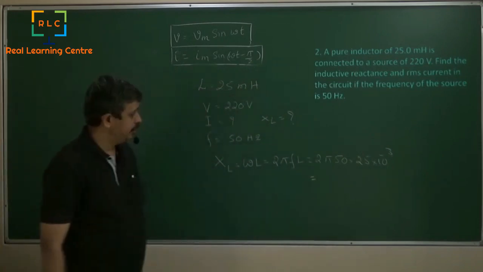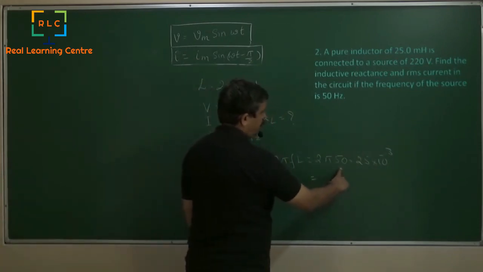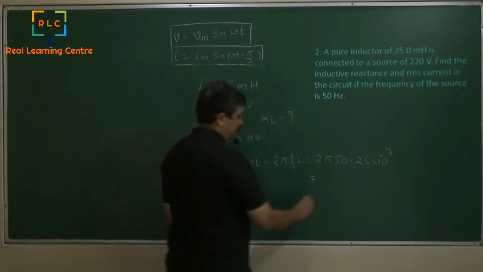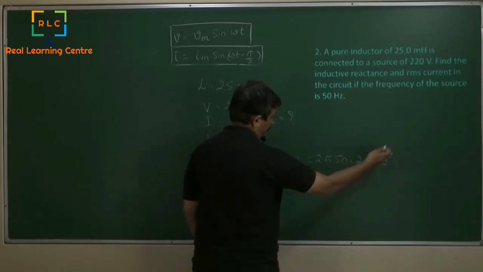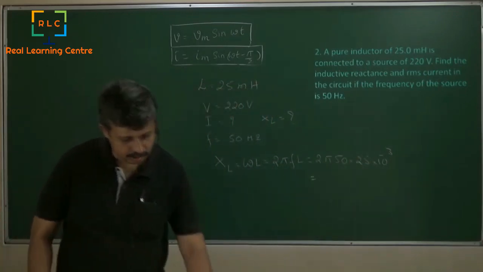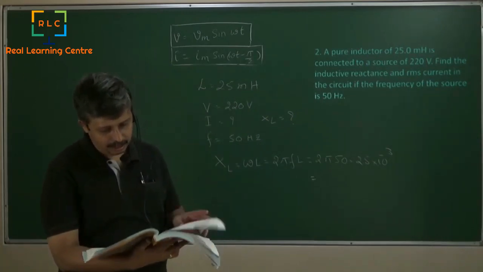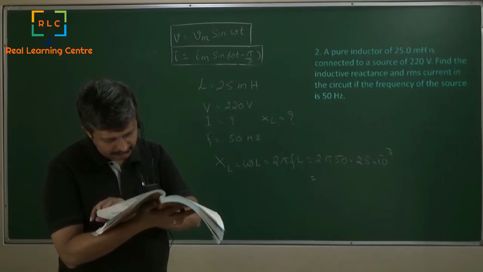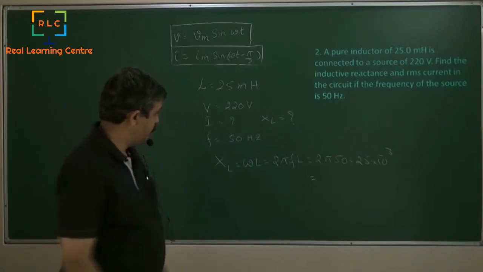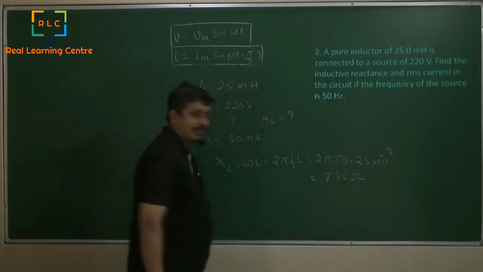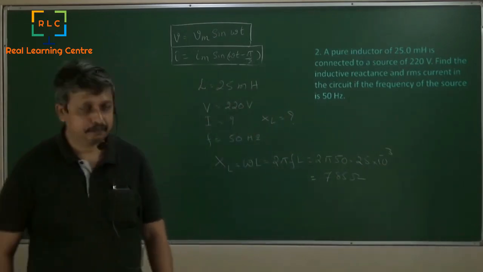So this is nothing but 100 pi into 25 into 10 to the power minus 3, which becomes 2.5 into pi. The exact value that you need to write down is 7.85 ohms. The unit ohms is the resistance unit.